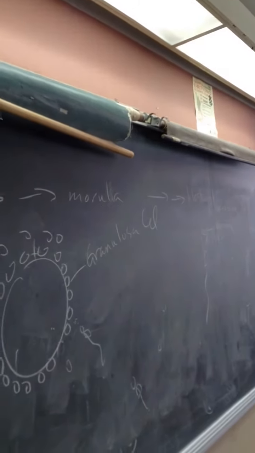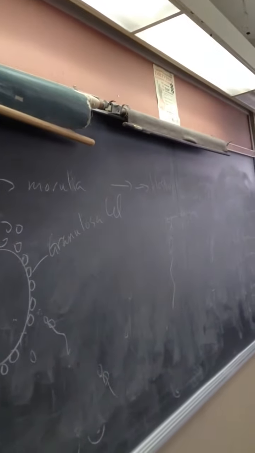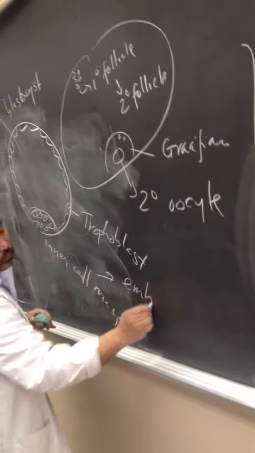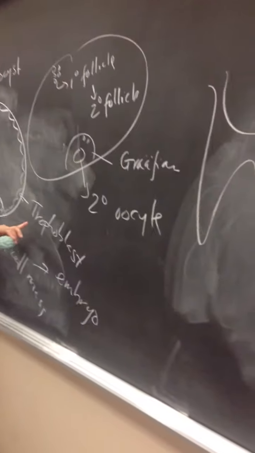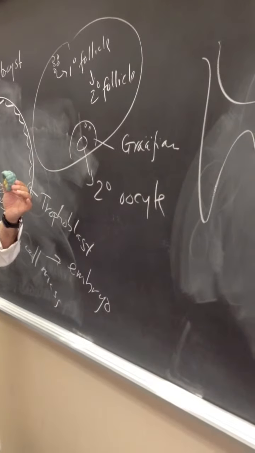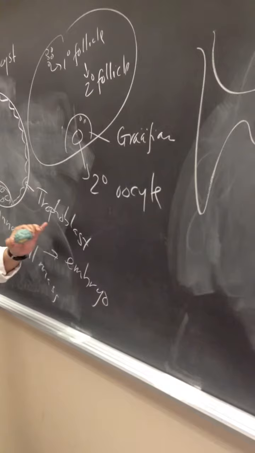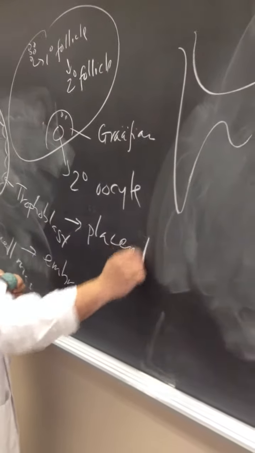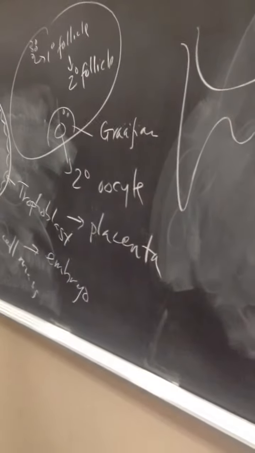The inner cell mass, all I want you to know is that this will differentiate into the embryo. Okay? The inner cell mass will give rise to the embryo. Whereas the trophoblast, this one right here, gives rise to the extra-embryonic tissue. And the extra-embryonic tissue is considered as the placenta, for example. Right?